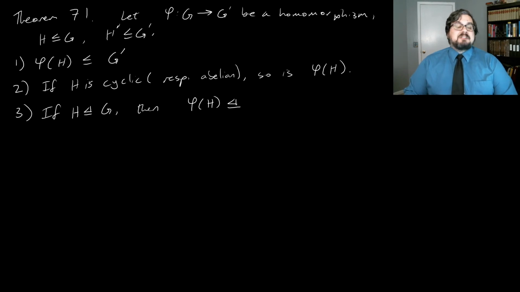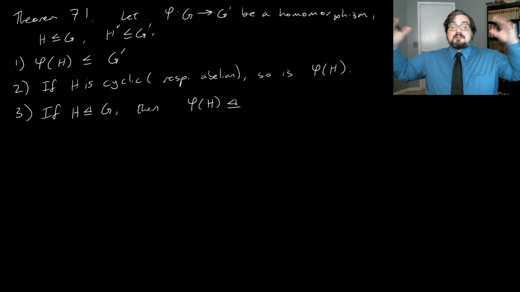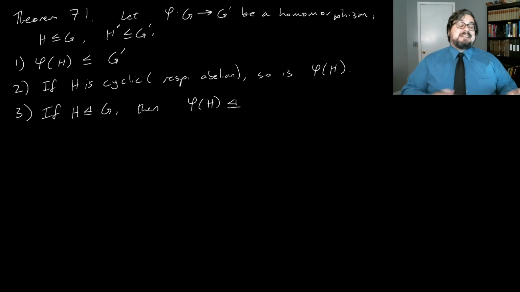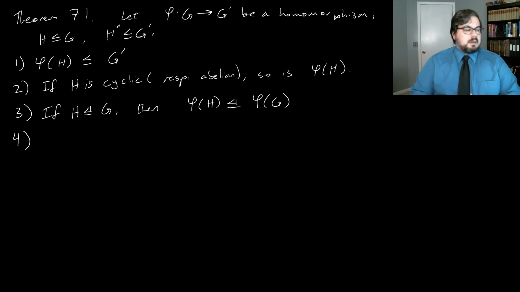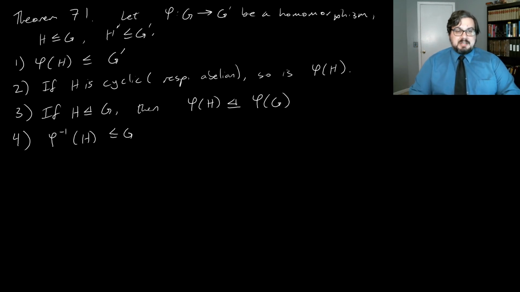G prime could be much, much bigger than G, and since being a normal subgroup relies on interacting with all of the other elements in the group, weird things can happen in G prime that didn't happen back in G. So we can't say it's a normal subgroup of G prime, but we can say it's a normal subgroup of phi of G. Number 4, we have that the preimage of H prime is a subgroup of G, so sort of the inverse to part 1.